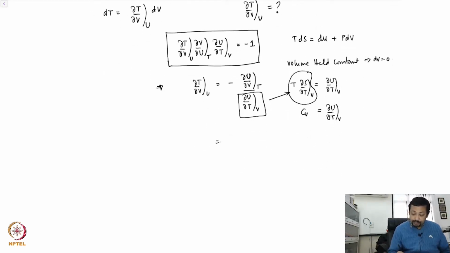So we write this as minus 1 over Cv times (∂U/∂V) at constant temperature.